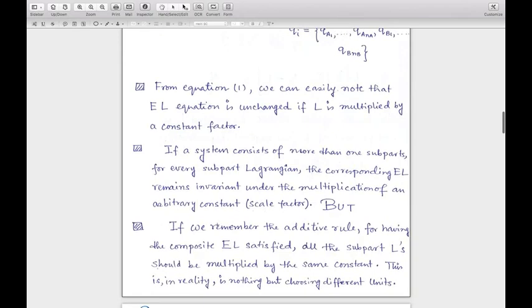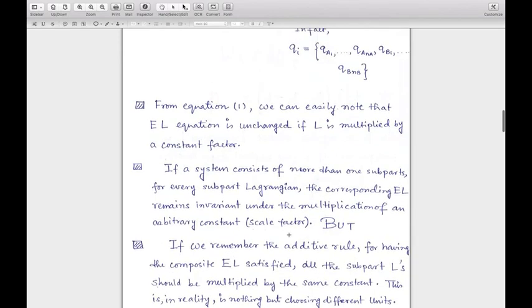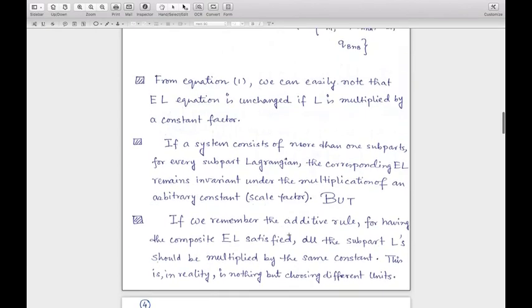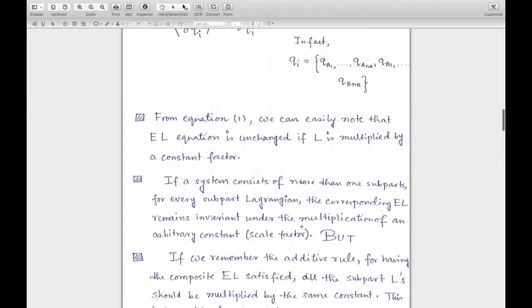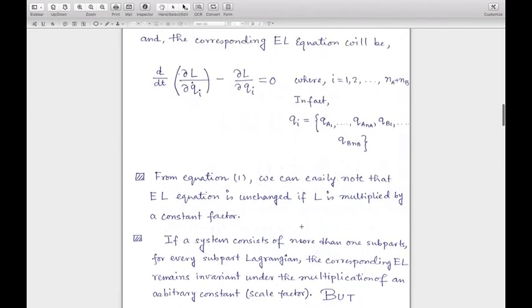Now that's why, I am saying that if we now just admit the additive rule, then we can simply say that the arbitrary constants will not be arbitrary anymore.